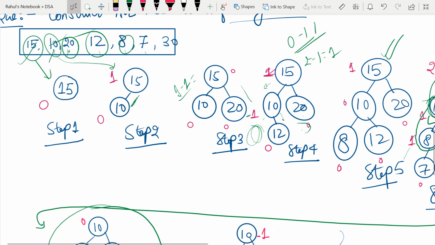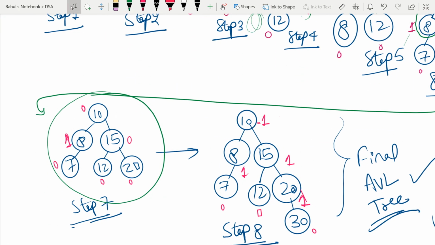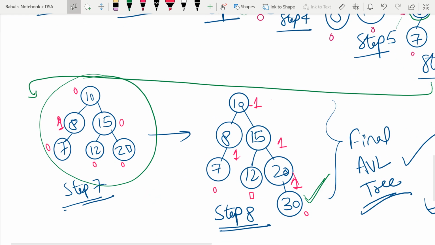Now the last node that needs to be placed here is 30. So 30 is greater than 10, greater than 15, greater than 20, so 30 would be here on the rightmost side. If you see here, check the balance factor of each and every node. Basically 0, 1 minus 0, 1, 0, 0. Here 0 minus 1, minus 1, no problem. 1 minus 2, minus 1, no problem.